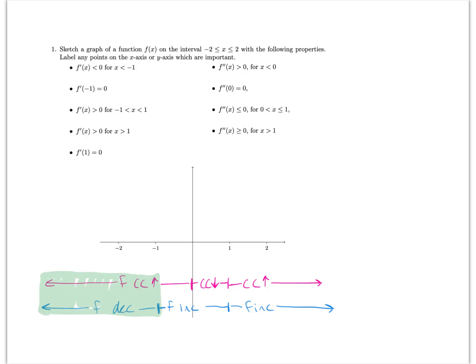Then things change and f is still concave up, but it is now increasing. And then things change again here, and f is still increasing but concave down. And then for the rest of the time, f is increasing and concave up.